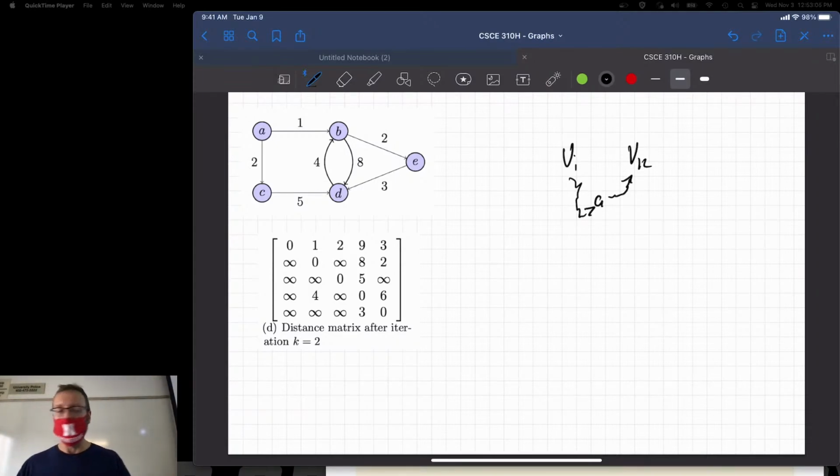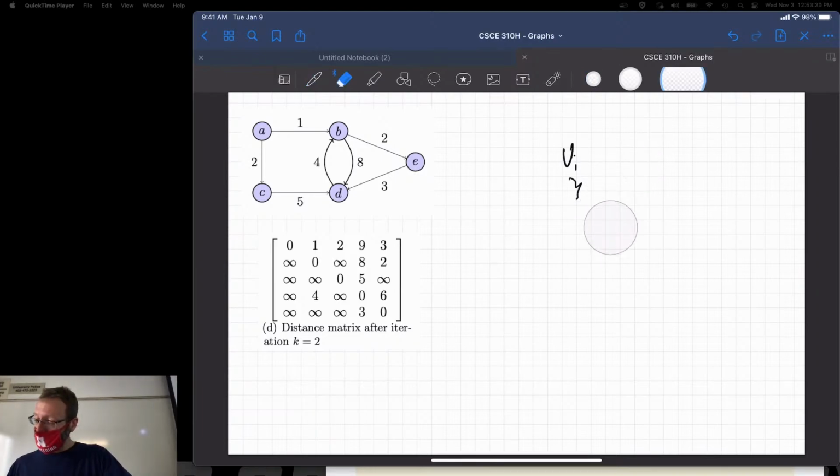Now, on the first iteration, you can imagine that won't really lead to any updates, because A is a universal source. So A cannot be an intermediate vertex for anything, because you can't get to A. From A, you can get to anything else, but you can't get to A to use it as an intermediate vertex. So this is why I've jumped ahead a couple of iterations.